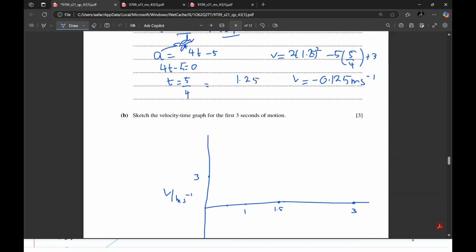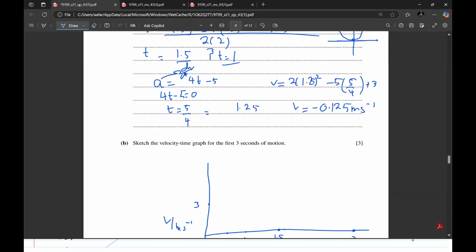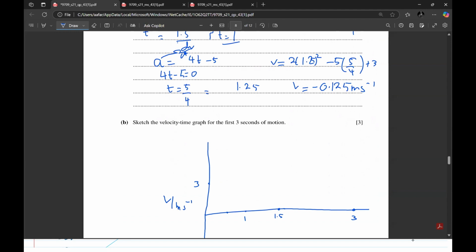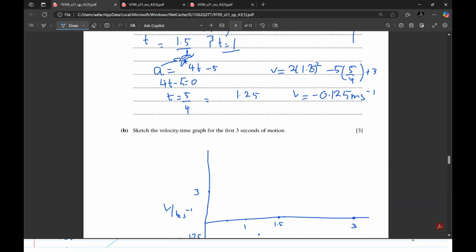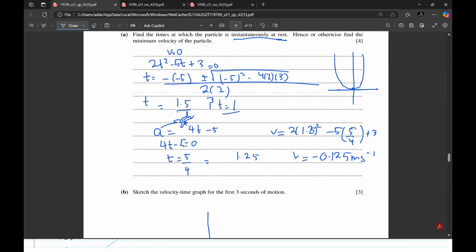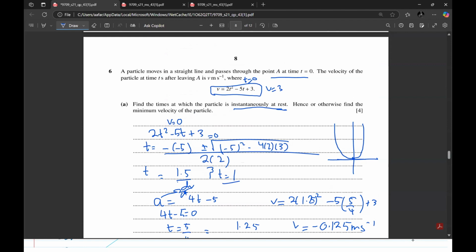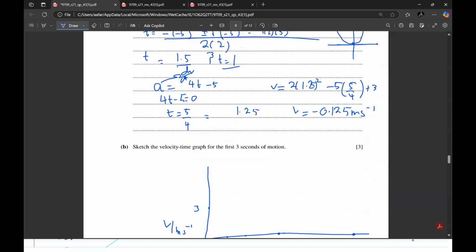And its minimum velocity is negative 1.25. And after that, at 3 seconds, velocity is 6.